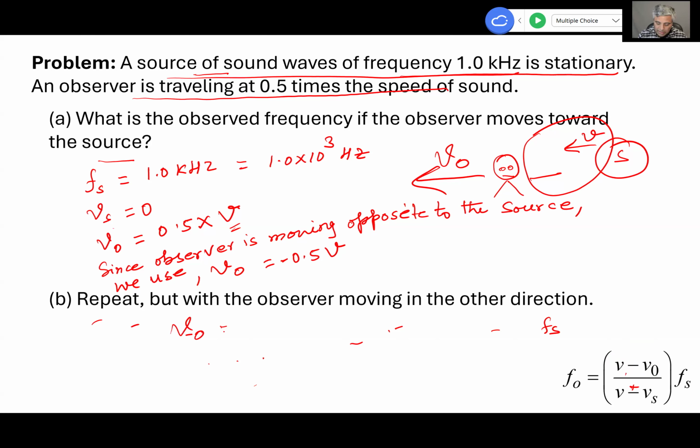V0 has to be positive 0.5 V, the speed of sound. So there are three different speeds, so make sure to use them wisely. I'm just going to leave it here. It's basically the same problem, just a positive 0.5. So the result is going to be less than 1000 hertz.